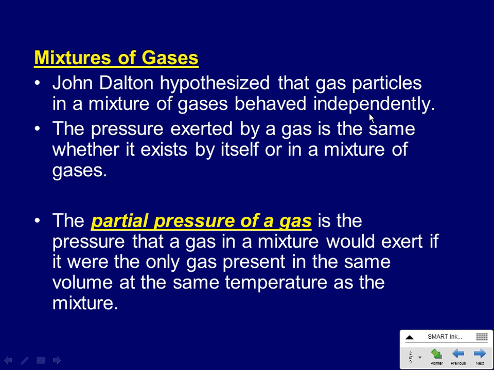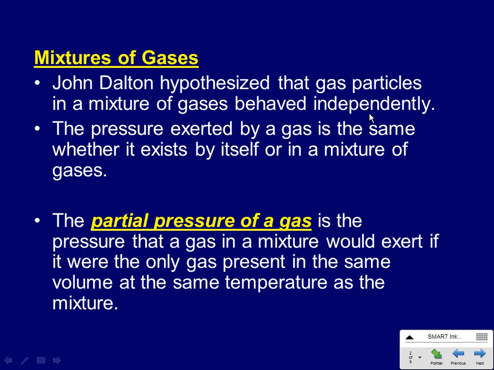The only way they interact is by a blind collision where they just bounce right off of each other and away they go. Whether it's bouncing off of a helium atom or a carbon dioxide molecule, it makes no difference.